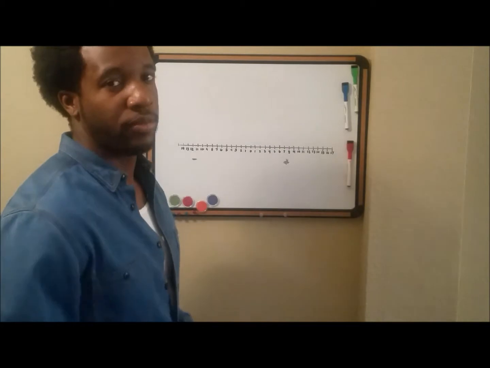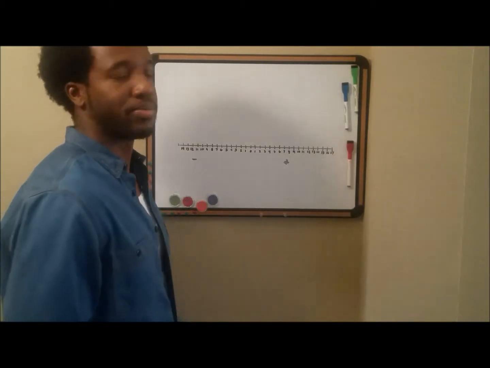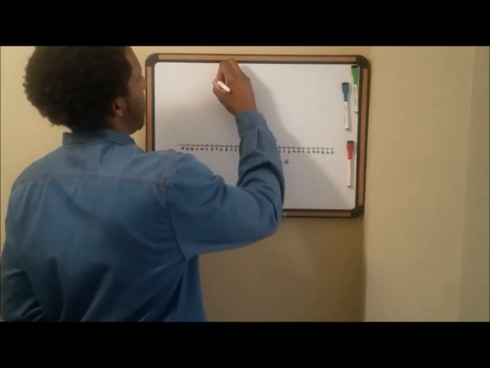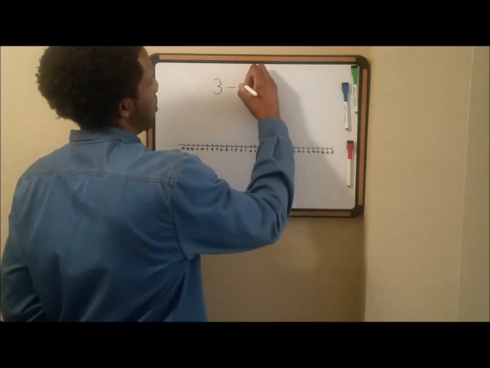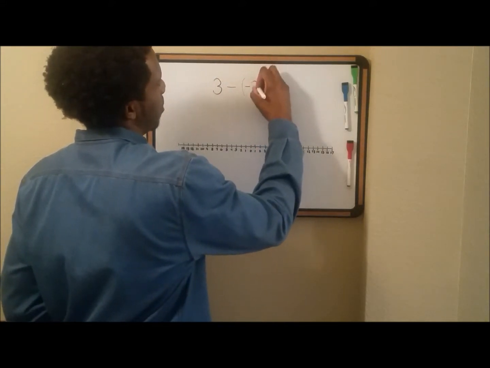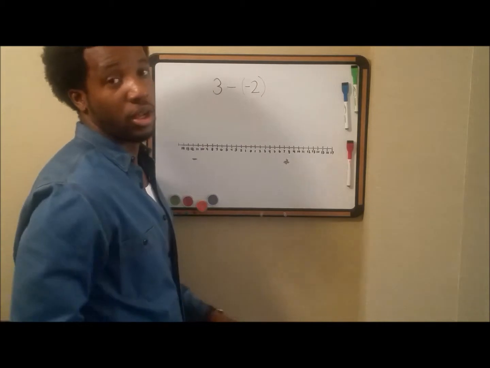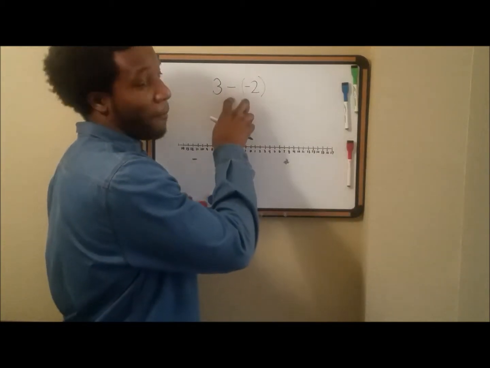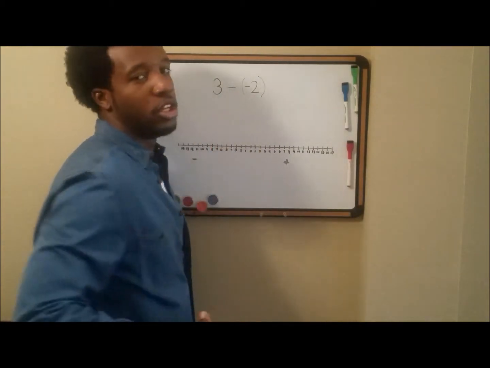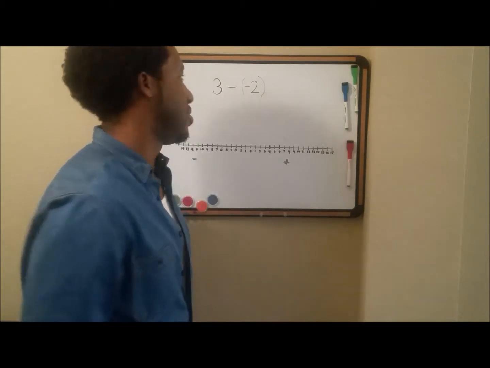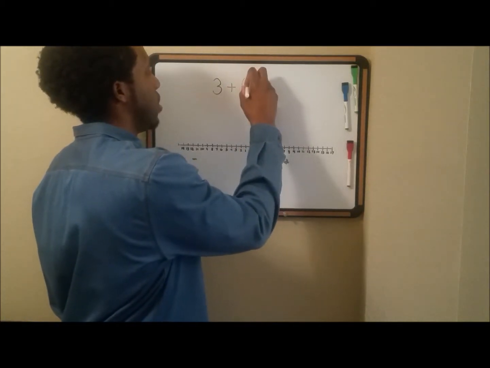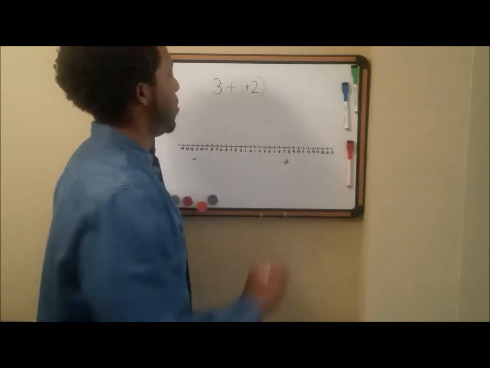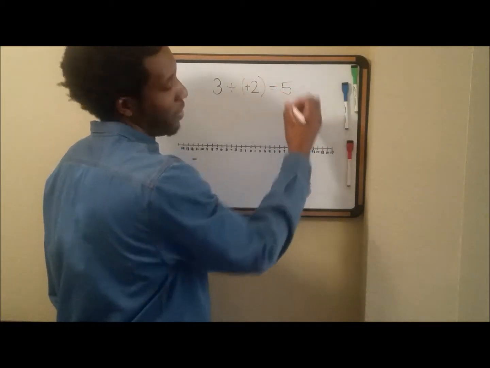Alright, so now let's say you have a situation like this. Anytime you see minus, negative, you turn it into plus, positive. Simple. So now we get 5.